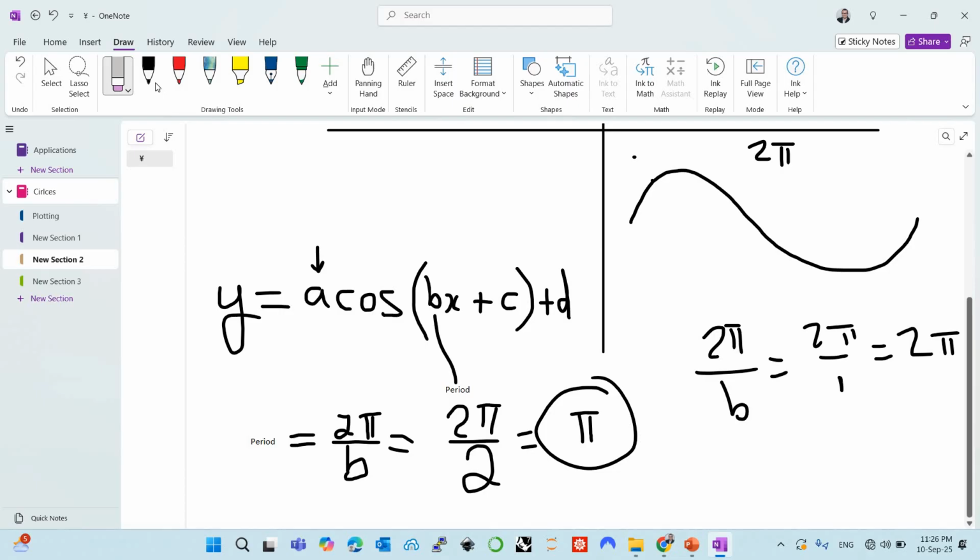It will look something like this, so it will be half. The wave will be compressed and will look the same as the first one, the same path, the same curve, but with a decreased value of the period.